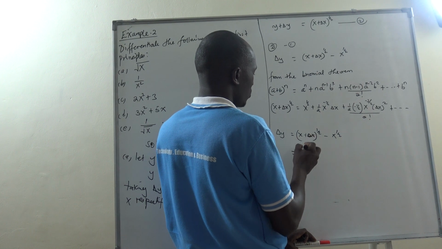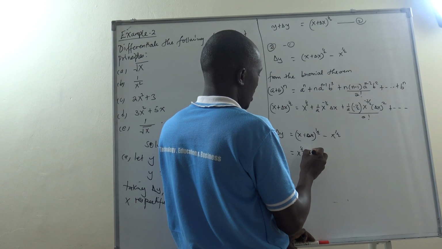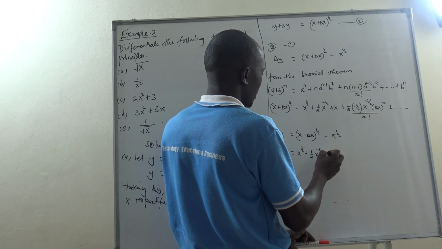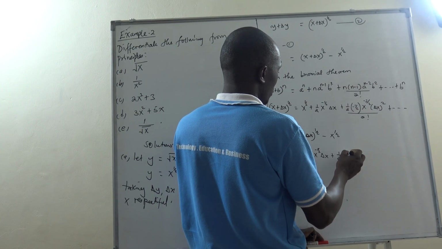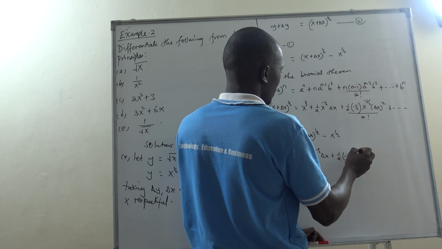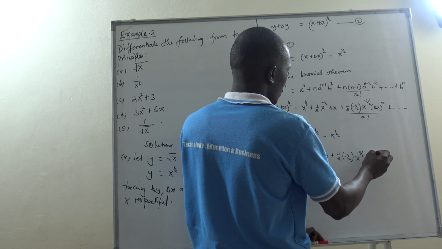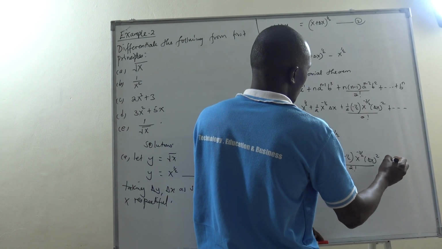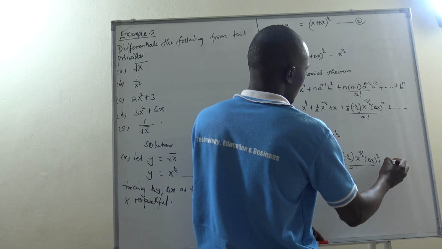So we are coming out with x power half plus a half x power negative a half delta x plus a half into negative a half x power negative 3 by 2 delta x squared out of 2 factorial, plus other terms.